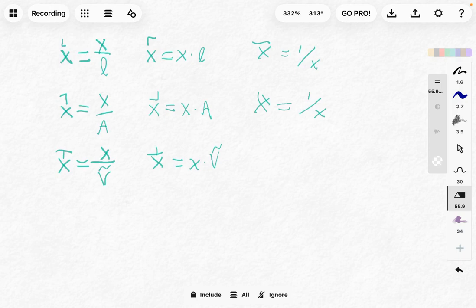Next, I would like to add a couple of other diacritics to this notation. We won't be using them this video, but we will be using them when talking about light.